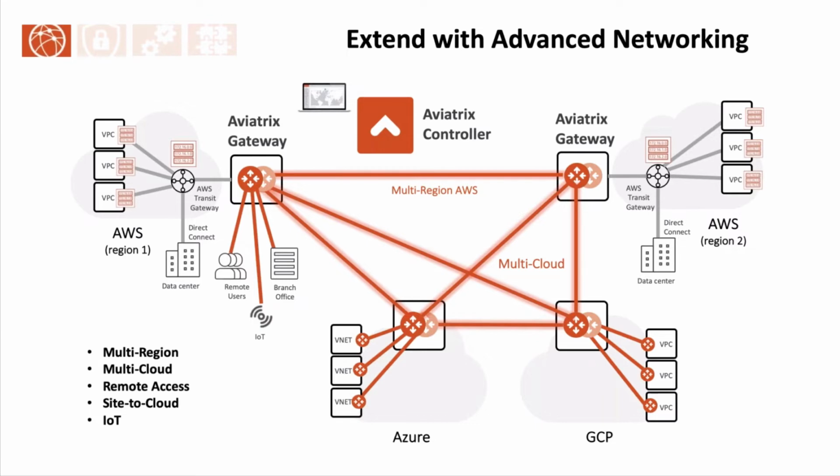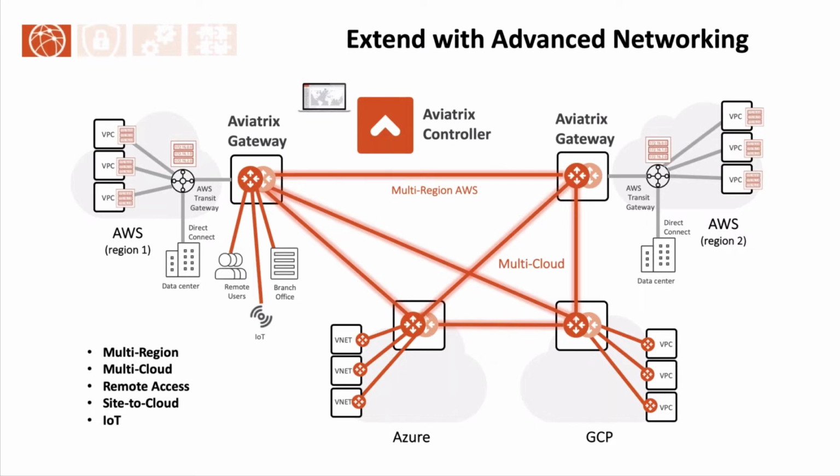And so what you end up building here from a networking standpoint is a multi-cloud backbone for the enterprise network. So no matter where you have your resources in VPCs or VNets in Azure and Google Cloud and AWS, we have the ability to connect those and create a full mesh of connectivity between these.